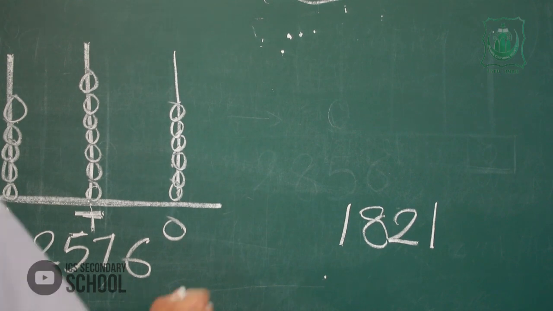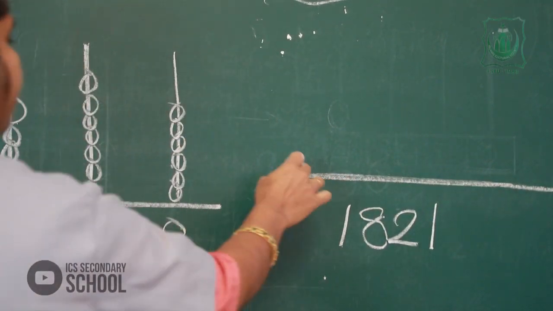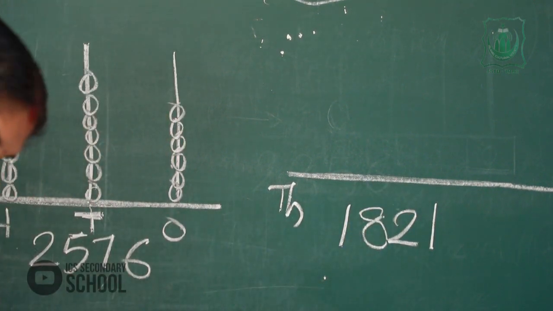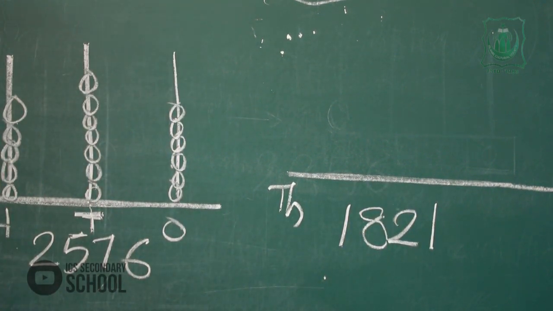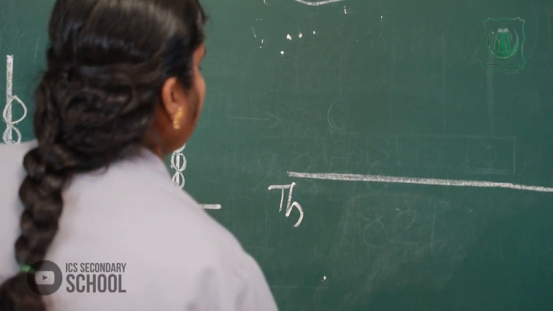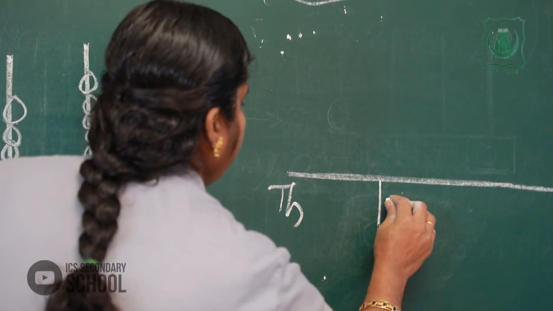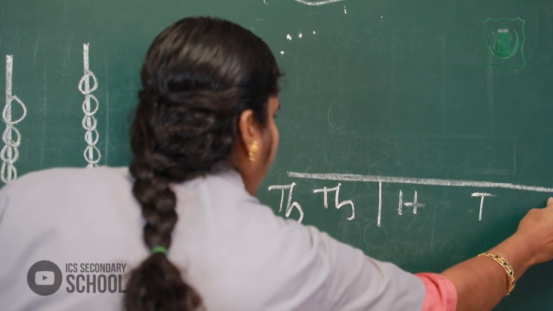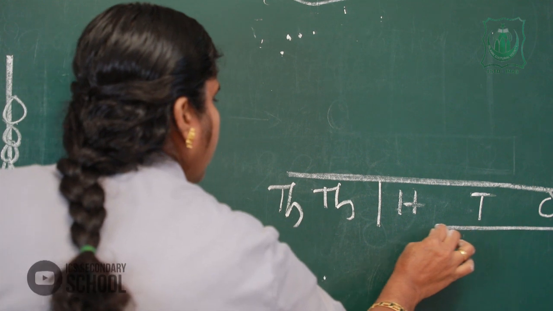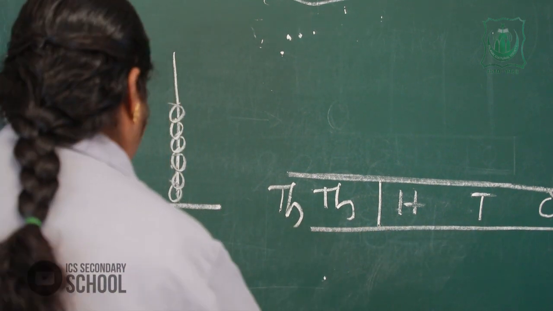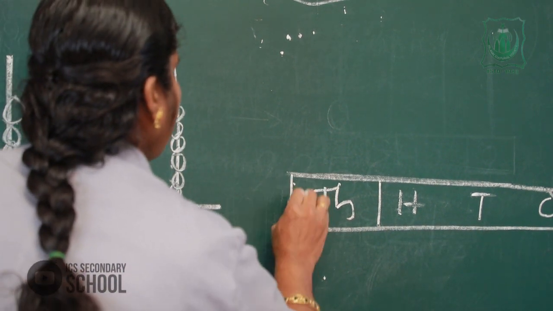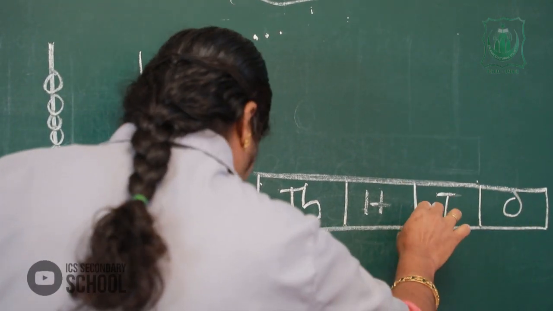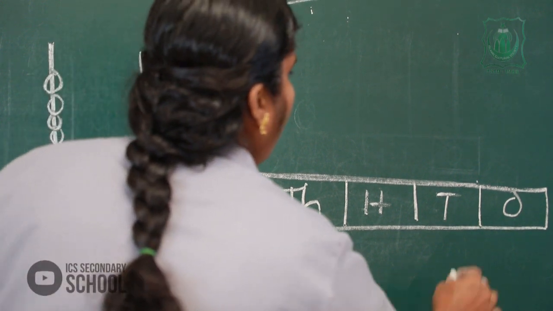1821. How to draw it? 1000, 100, 10, ones. Okay. How many beads are in the 1 place? 1.